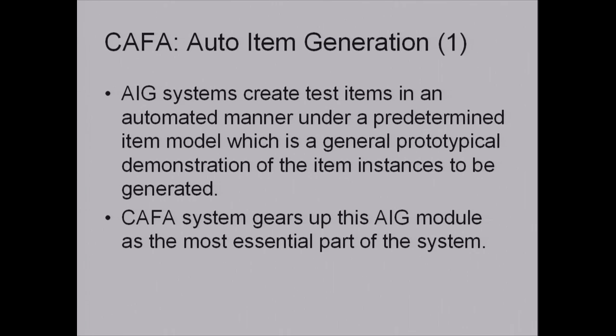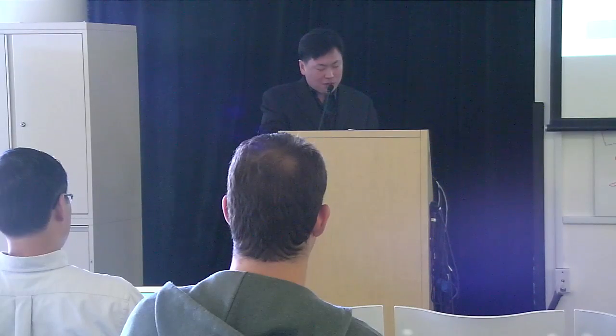So the computer adaptive formative, the Cafa system, gears up this AIG, auto item generation module, as the most essential part of the system. Why? The reason is, first of all, if you want to do formative assessment, you need to provide adequate content coverage.